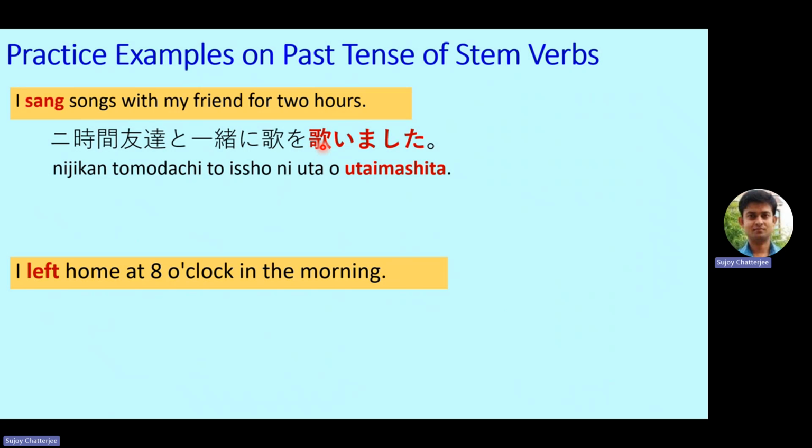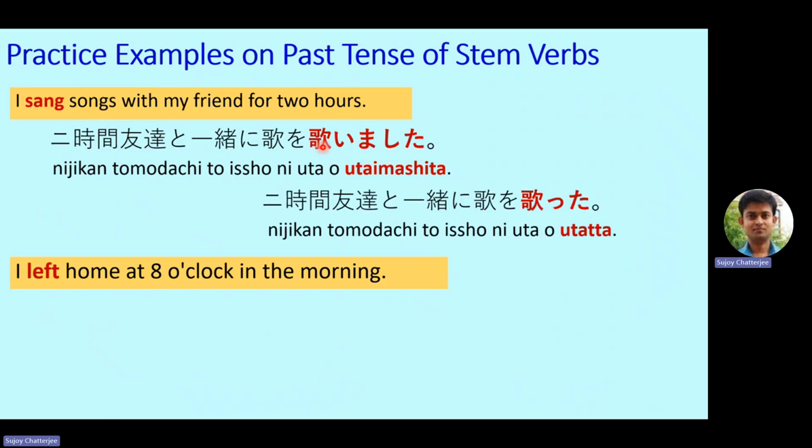Uta means song, and utaimashita means I sang. I sang songs, or I sang a song with my friend for 2 hours. So utaimashita, utaimasu. Now what should it become in the plain form? It becomes utatta. Again, this is a group 1 verb. 2時間 tomodachi to issho ni uta o utatta.